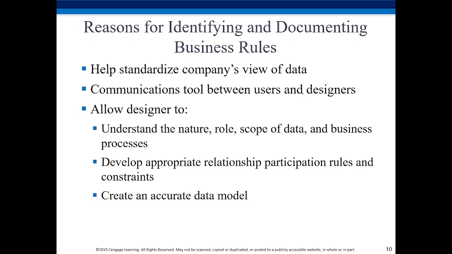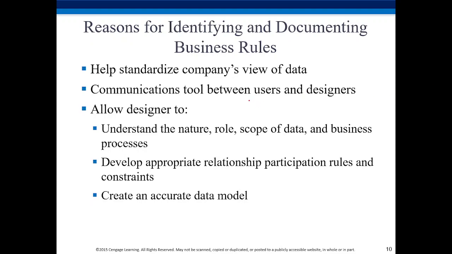Right? In the business rules, the entities, relationships, constraints, and attributes are all present. If this is good, well-written documentation, it enables the designers to properly retrieve the correct information.